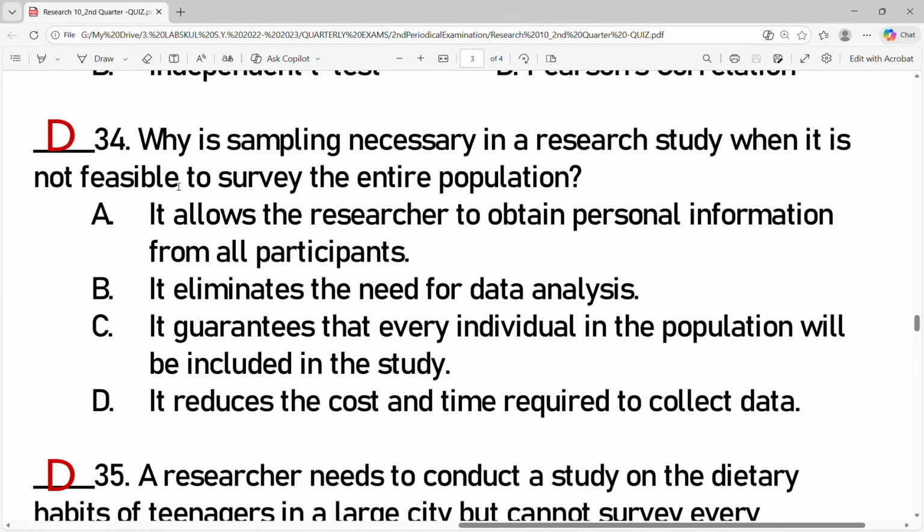Why is sampling necessary in a research study when it is not feasible, not applicable to survey the entire population? So the answer here is letter D. It reduces the cost and time required to collect the data.